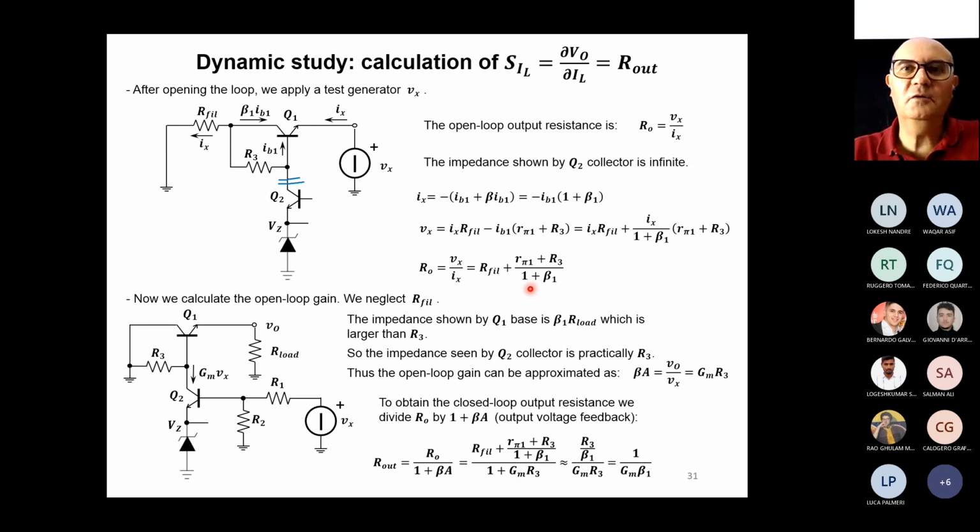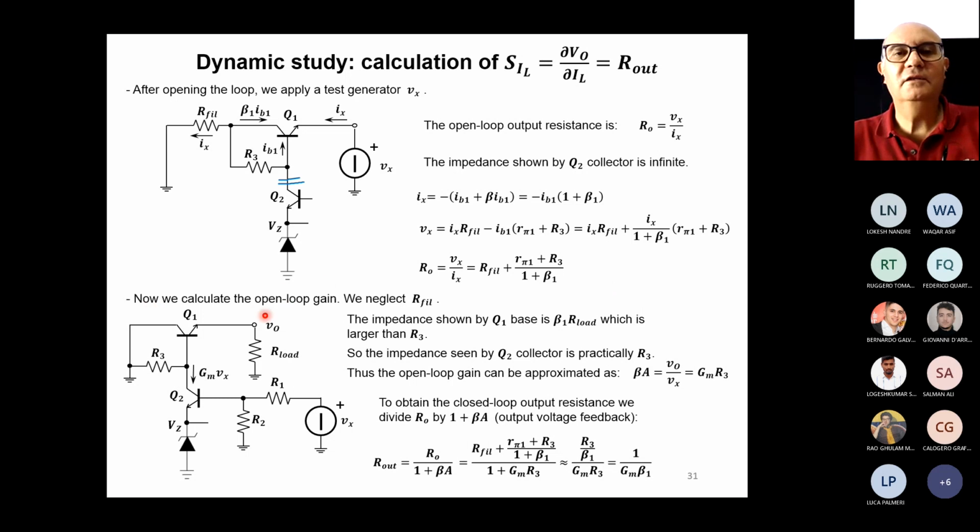The 1 can be neglected, so basically we'll have something like R3 divided by beta here. We'll see that later again, but just in order to consider what is going to happen. I leave this result here, and I move to the other point.